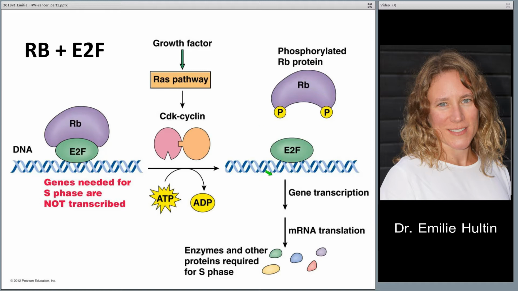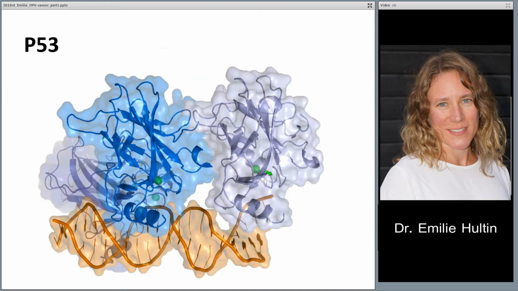This, in turn, leads to gene transcription of the different enzymes that are needed for the S phase, so the cell cycle will progress. So that's why the RB gene is a master brake of the cell cycle, and the E2F transcription factor is a proto-oncogene because it activates the cell cycle.